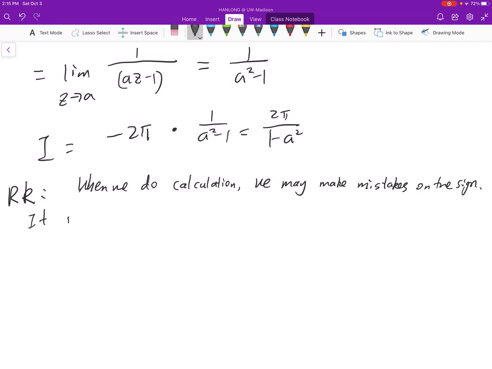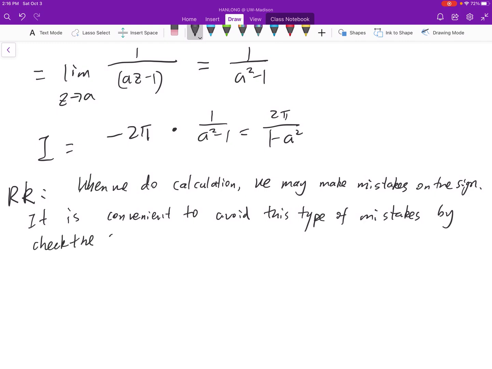So it is convenient to avoid this type of mistakes by checking the sign of the original function or original integral.